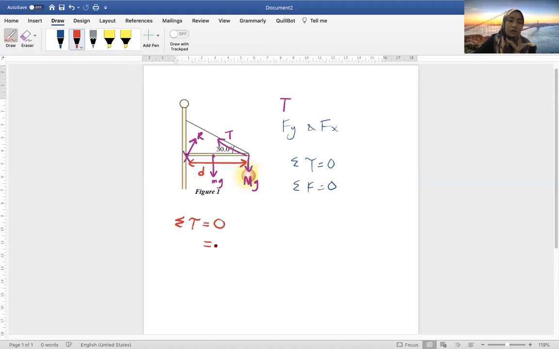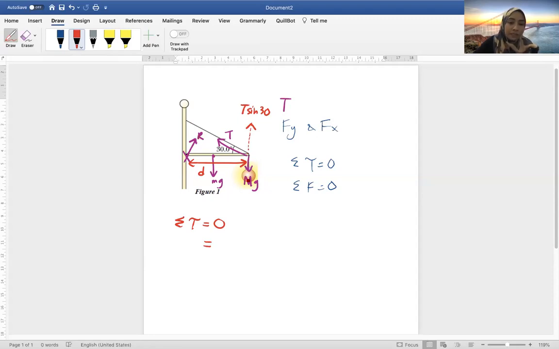What is acting on this beam, and what are the perpendicular forces? Here the perpendicular force to this beam is T sine 30. The force that touches the angle becomes cosine, and the force that does not touch the angle becomes sine. And R we can ignore because it goes through the axis of rotation.